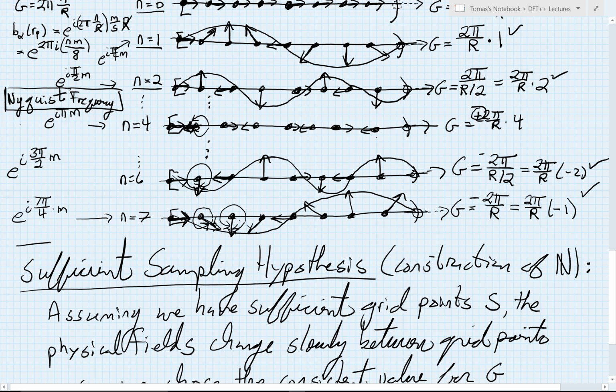If you have a field, a density, or an electrostatic potential in your calculation that has a significant amount of Fourier component where the sign of that wave is flipping between grid points, you clearly do not have sufficient sampling. Right? There should be very little Fourier amplitude at a frequency like this, where your function could possibly be flipping signs between the grid points. That is not smooth behavior.